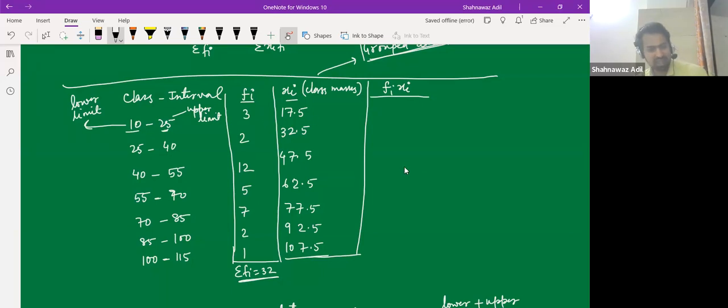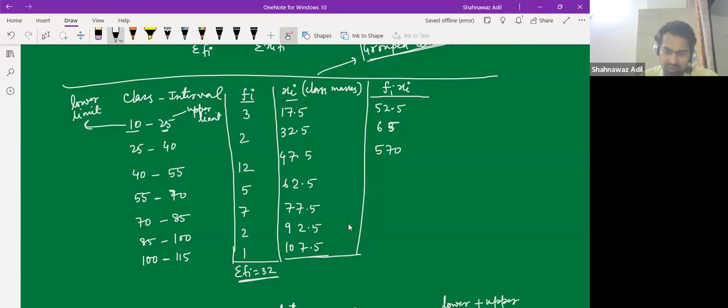So fixi, and I can do the cheating for now, right? So this is how much? 3 into 17.5, so 52.5. Okay. And then 32.5 into 15, which is 487.5... Calculator should be allowed, right? Because these are statistics questions, and in statistics generally a calculator is allowed. Not the scientific one, but the normal one.